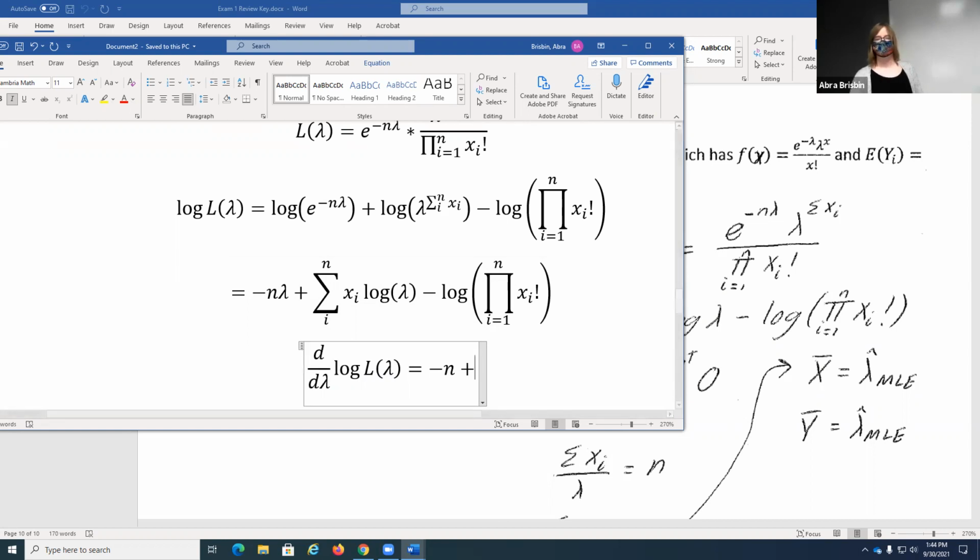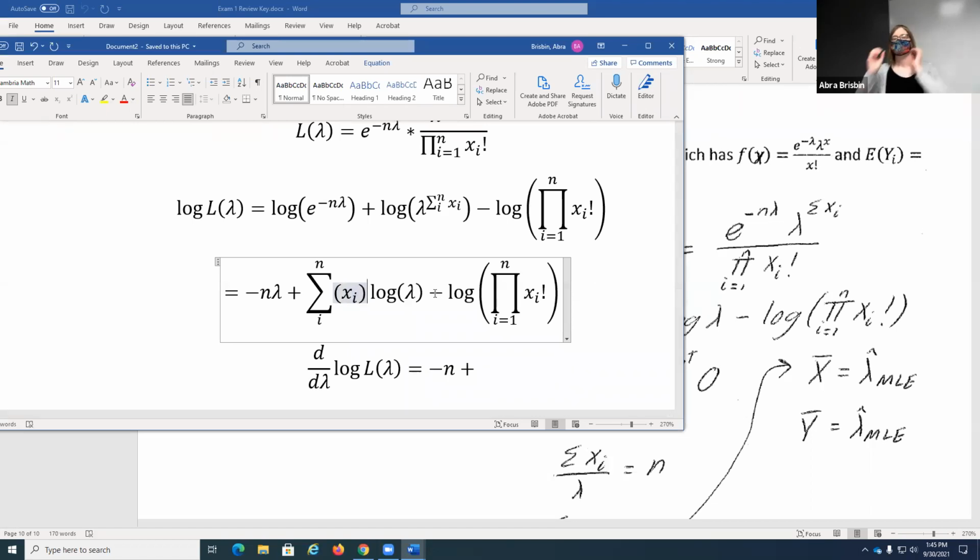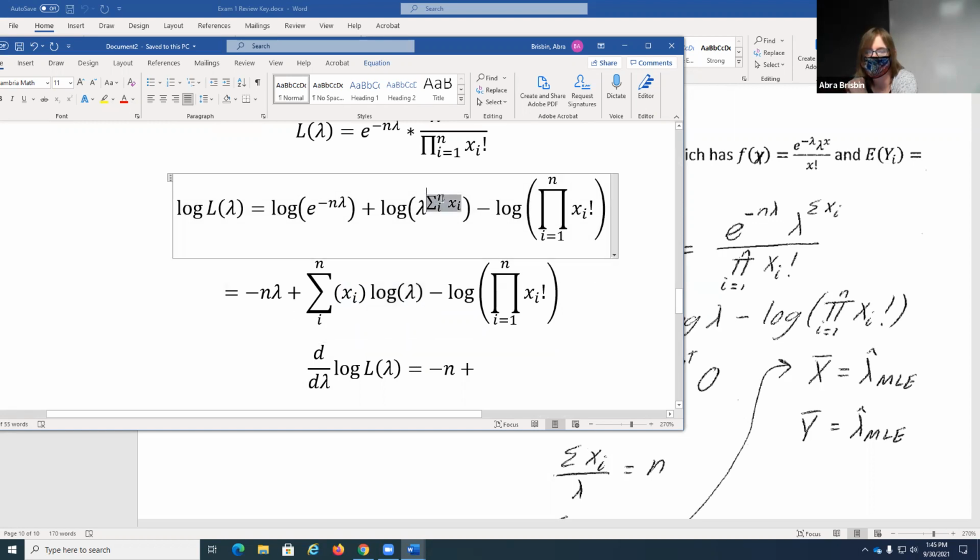Plus, oh, maybe I should use parentheses here to be more clear, that here it's just the x sub i's that are inside the sum, not the log. We could pull the log out because it doesn't depend on i, but this is sort of the way it started with, where we were pulling down the sum of the x sub i's outside of the log to begin with.